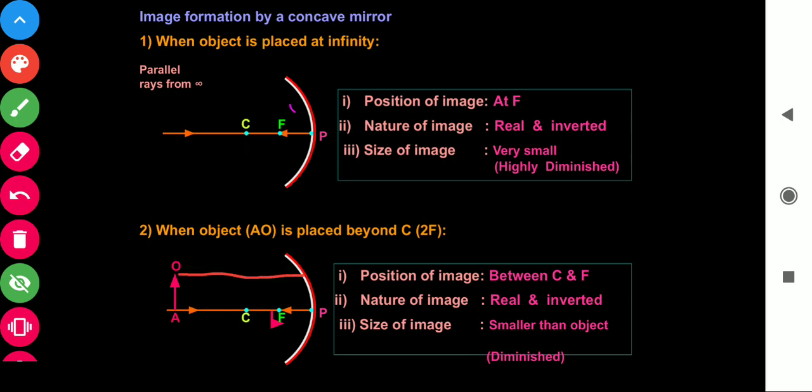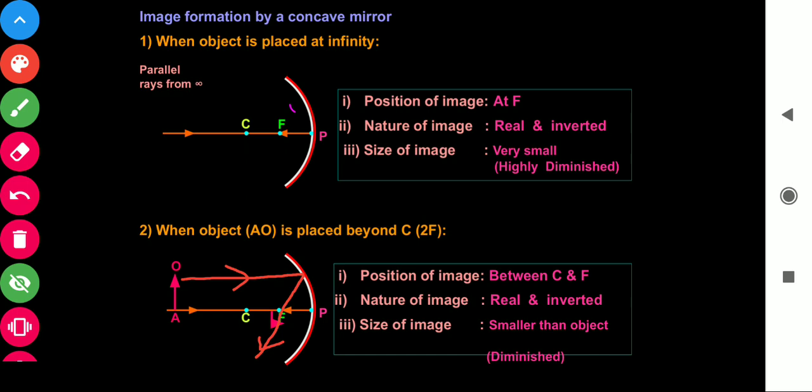One is parallel to the principal axis. The ray that comes parallel will again get reflected through the focus. This is the incident ray and this is the reflected ray.